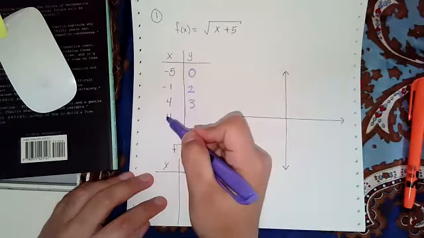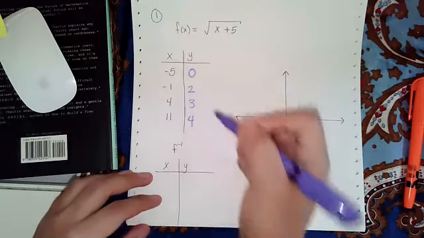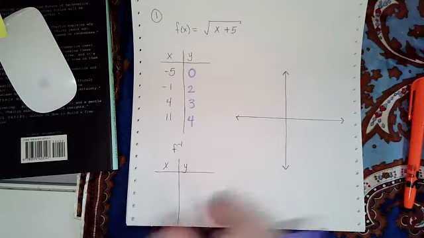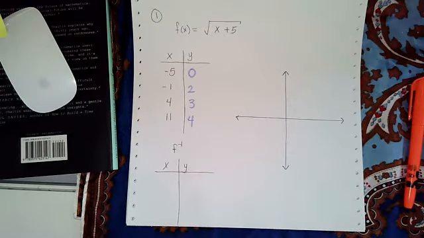And when we plugged 11 in? 4. And it seems that I skipped a number. But in any case, I tried to give you guys good input values that would spit out really nice output values. I probably could have put -4 in there as well, and that would have been fine. But in any case, this will work.